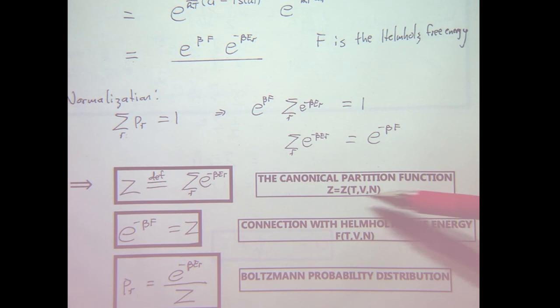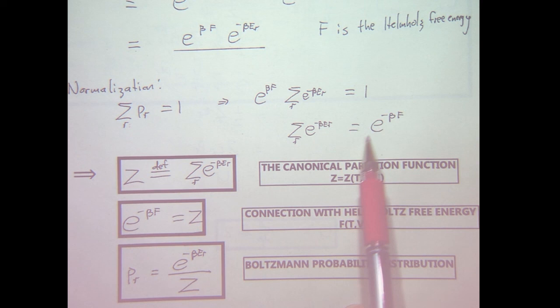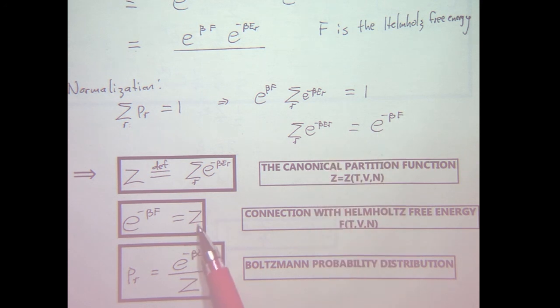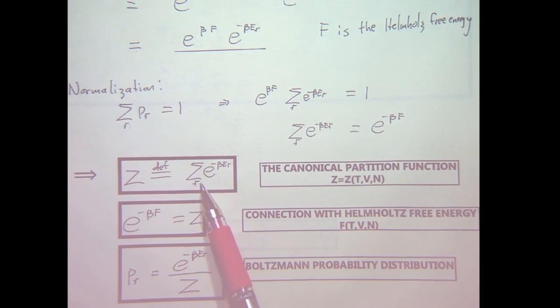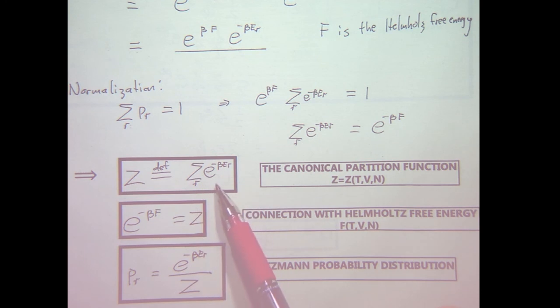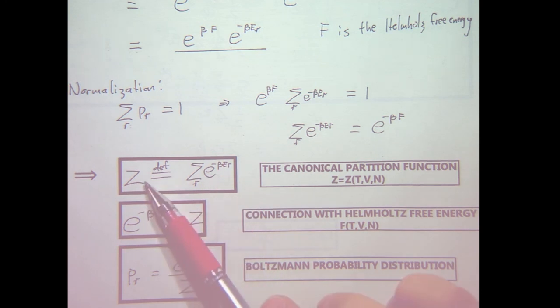It's a function of T, V, N. And so we have that e to the minus beta F equals Z. So Z is a sum over individual states of the system of interest. It's called the Zustandssumme in German. That's why it's Z.